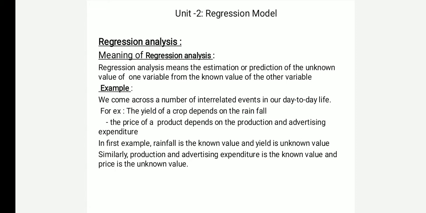If you change the production and advertising expenditure, the price will also change. So production and advertising expenditure are the independent variables and price is the dependent variable. Similarly, the demand for a product depends on its price, and the expenditure of a person depends on his income, and so on. So these are all simple examples.